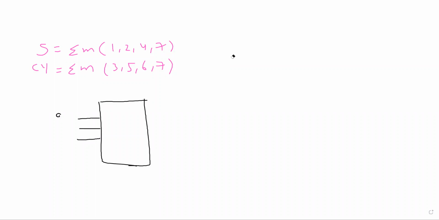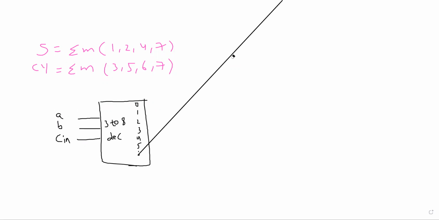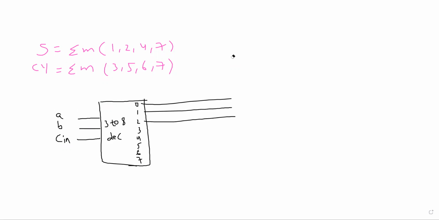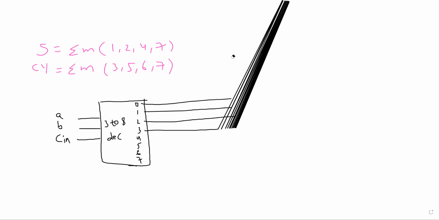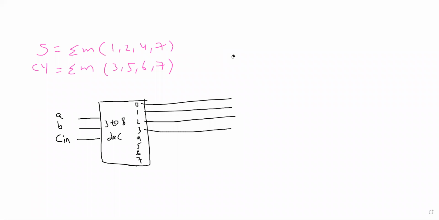Since it is a 3 to 8 decoder, how many outputs do we have? 8 outputs: 0, 1, 2, 3, 4, 5, 6 and finally 7. Since it is a PROM implementation, I have fixed AND gates with the help of the decoder here.